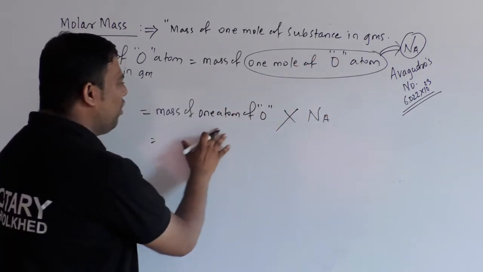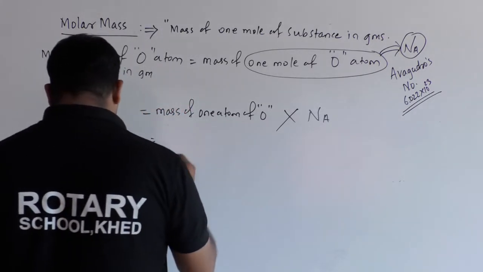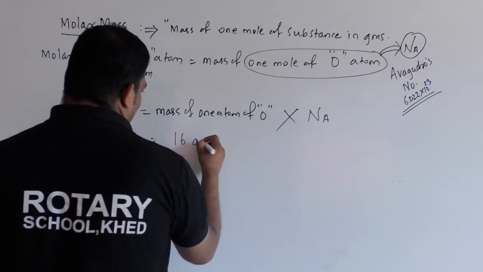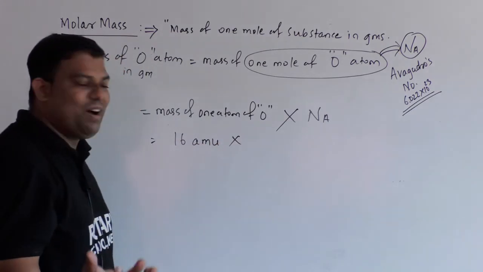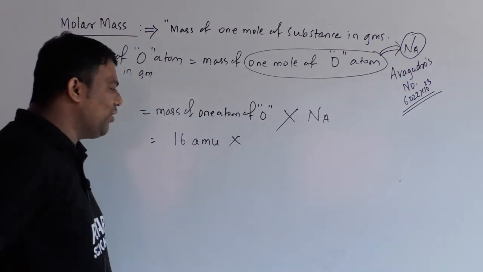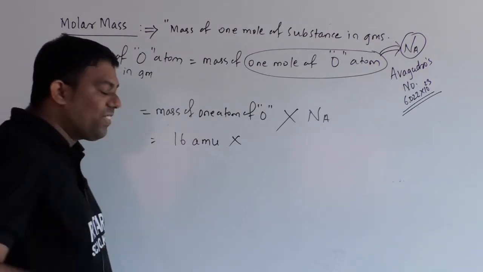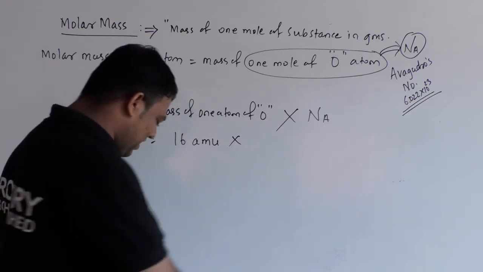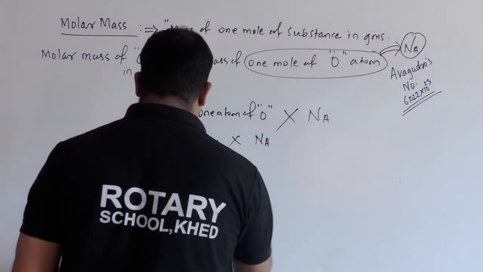So beta, mass of 1 atom of oxygen we know what? Yes, very good. 16 AMU. Now only we discuss mass of 1 atom of oxygen, 16 AMU. ठीक है? Into what beta? Yes, into Na. ठीक है?